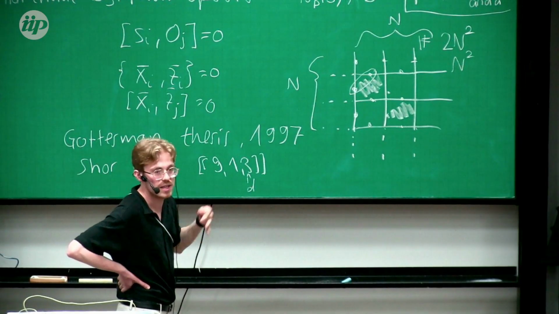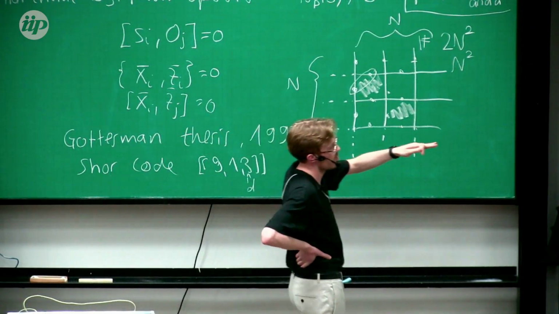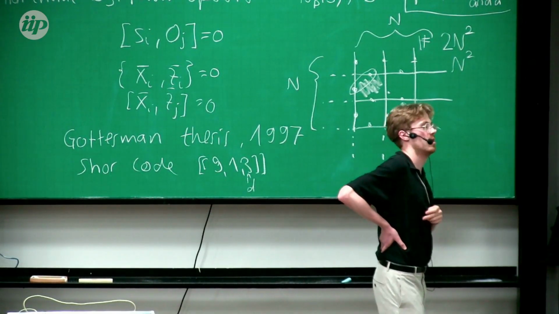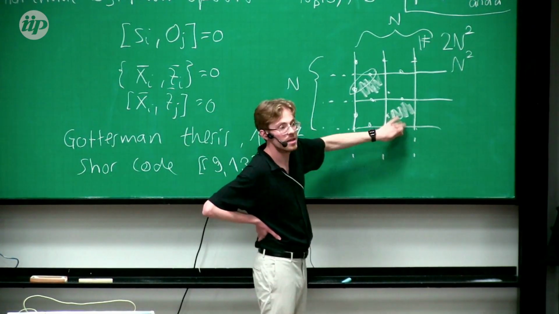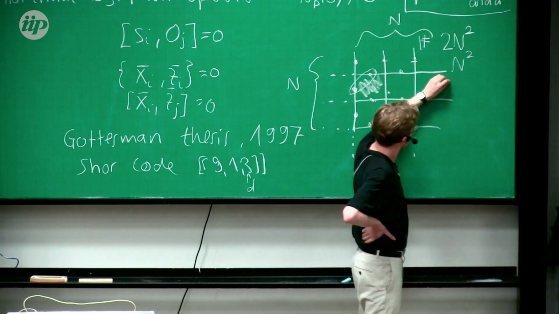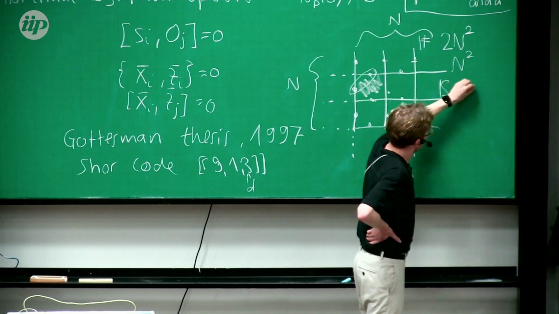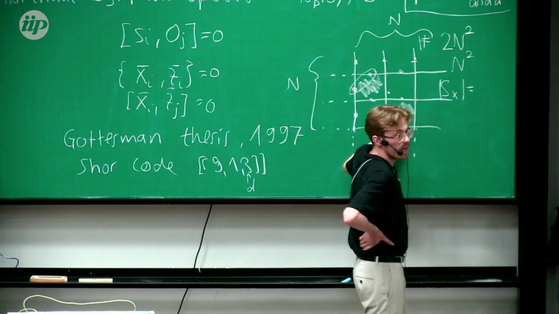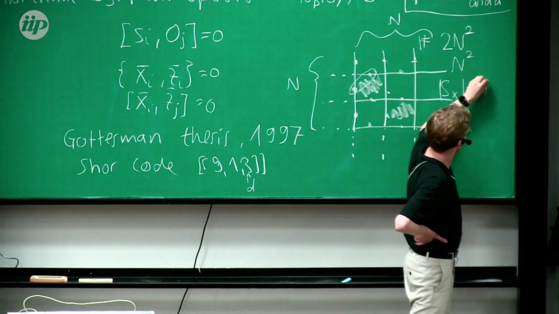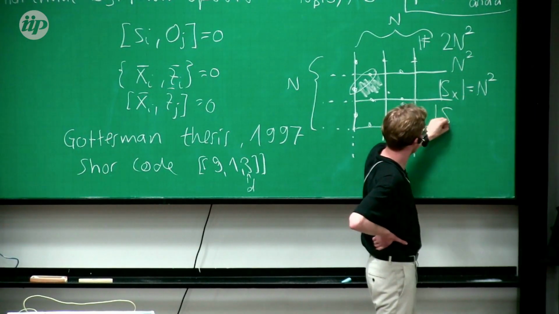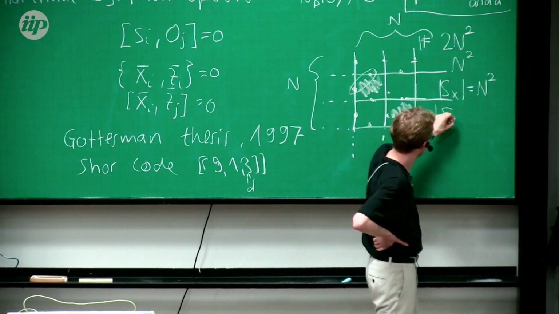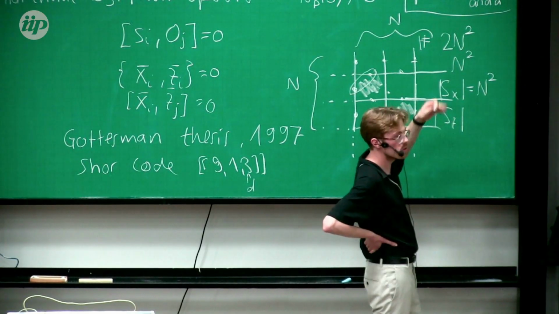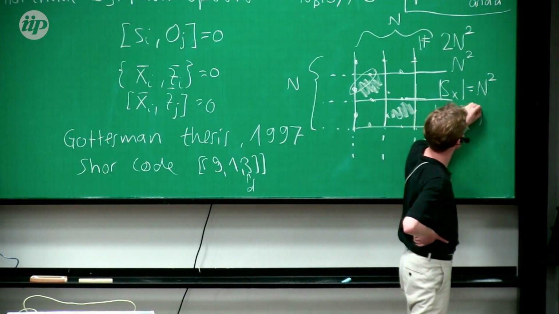Then in order to find the number of constraints left, we have to find the number of independent x and z stabilizers. So one might think, okay, every plaquette has 1 z stabilizer, so that's n squared, and every vertex has also 1 x stabilizer, so that will also be n squared.